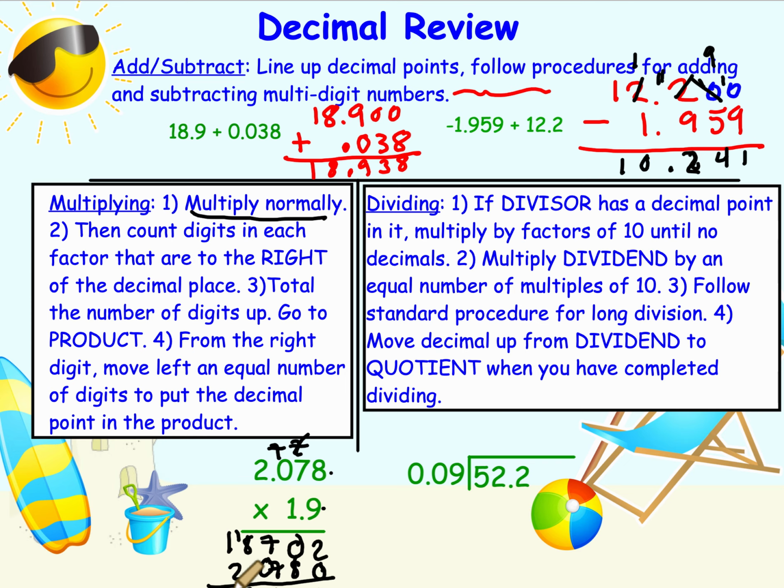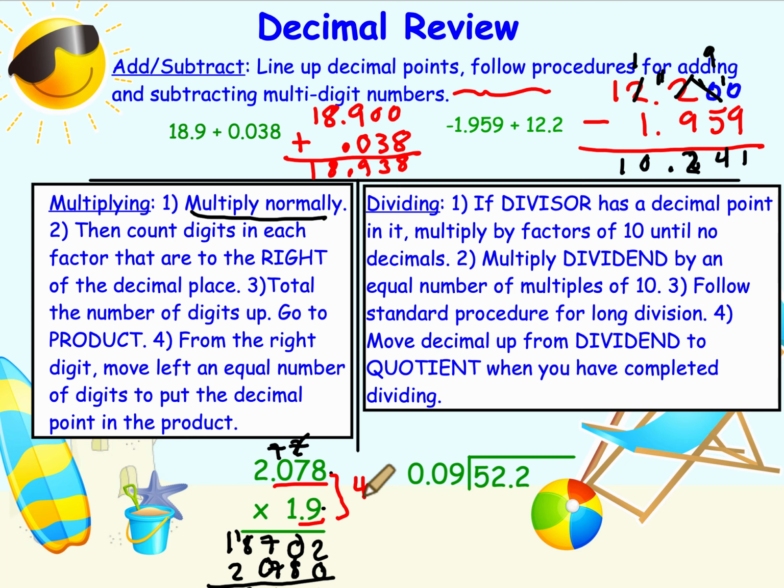And now I go ahead and I do the rest. I'm going to count the digits in each factor. So this one has 3 and this one has 1. So that means I have 4 digits that need to be in my product, excuse me.